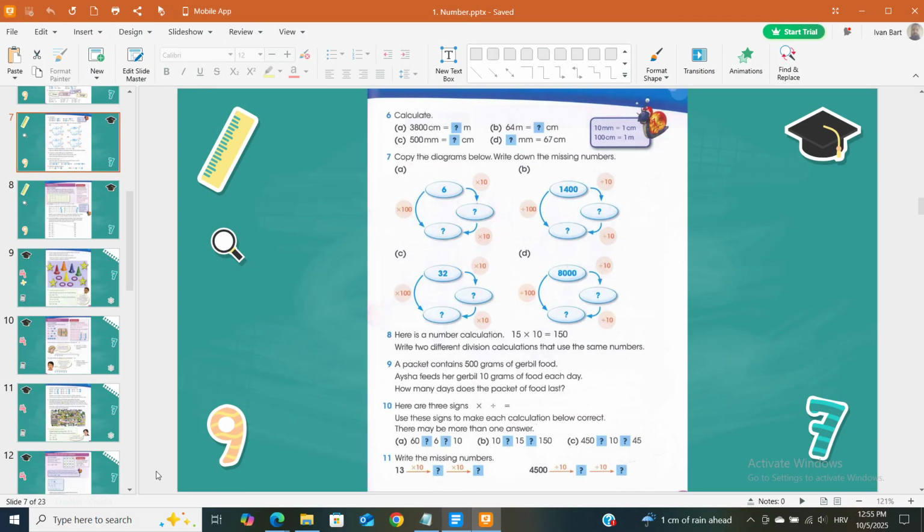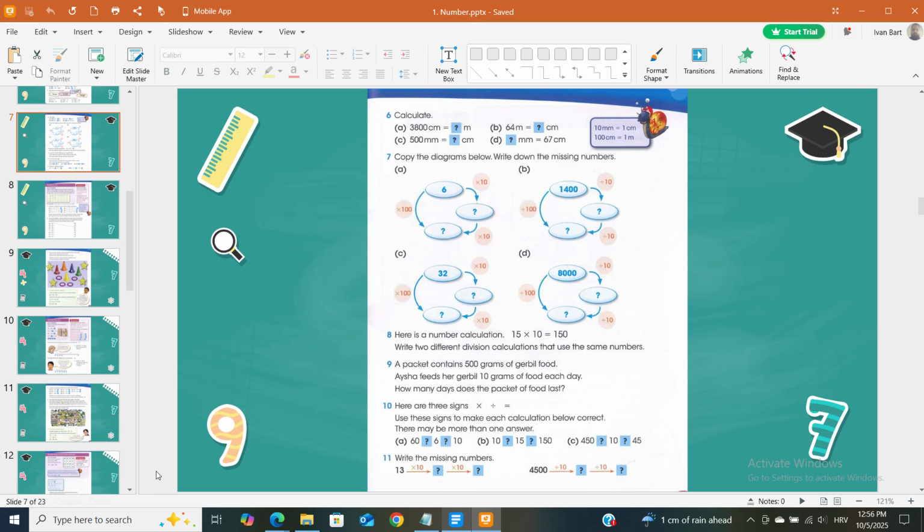(D) times 10, 32, 8000, ? plus 100, ? times 10, divided by 10.